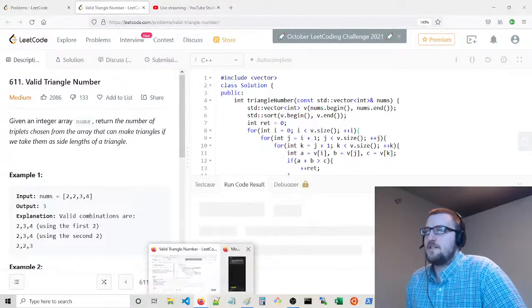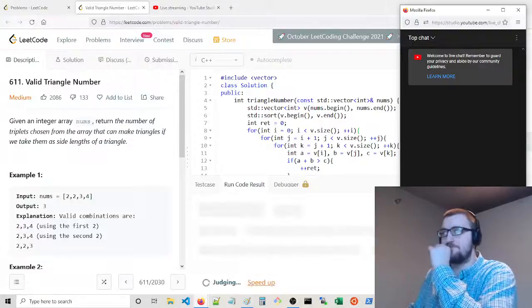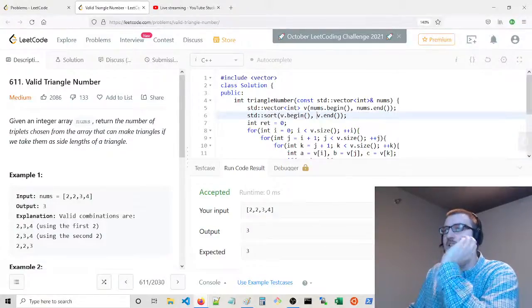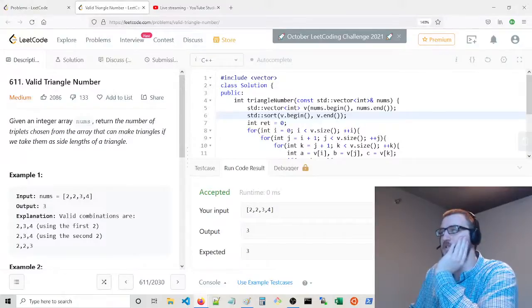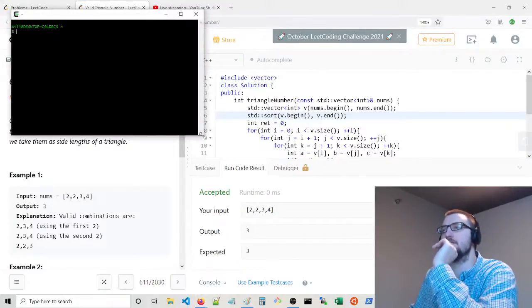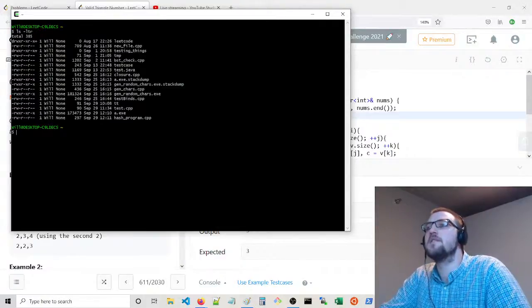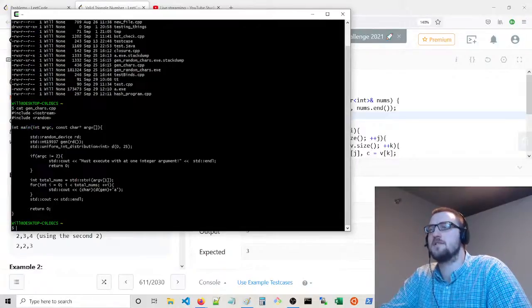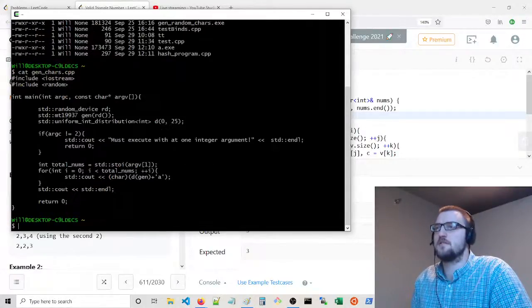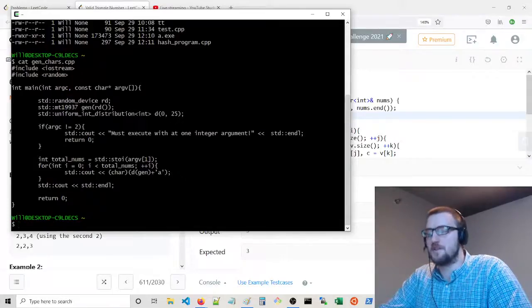All right. So we can try this. And we can say, let's actually run a local subroutine here. We want to generate random numbers.